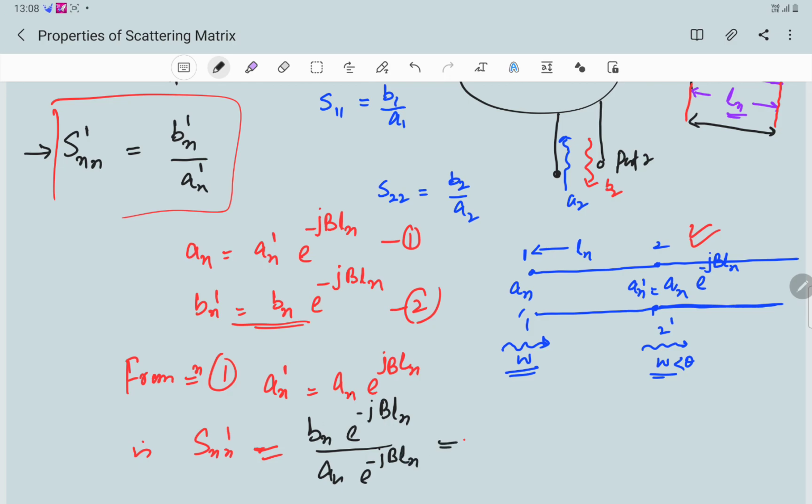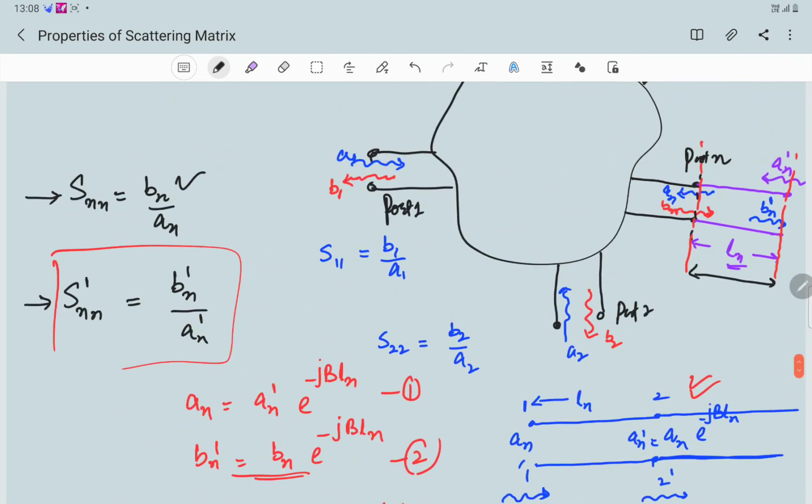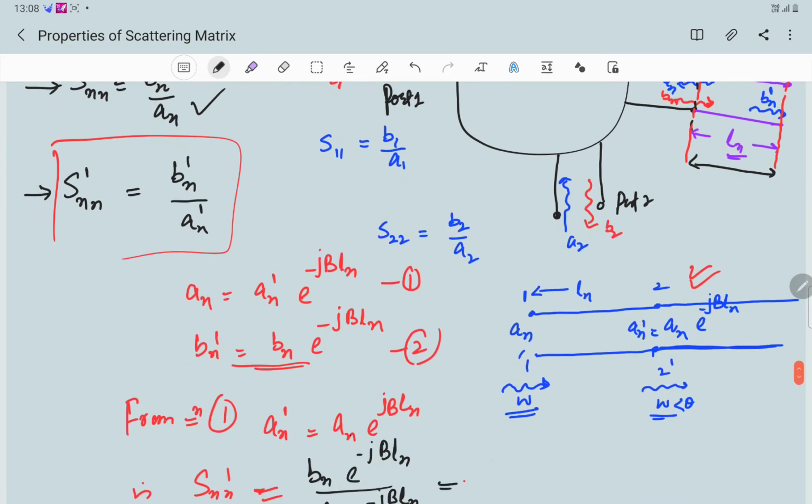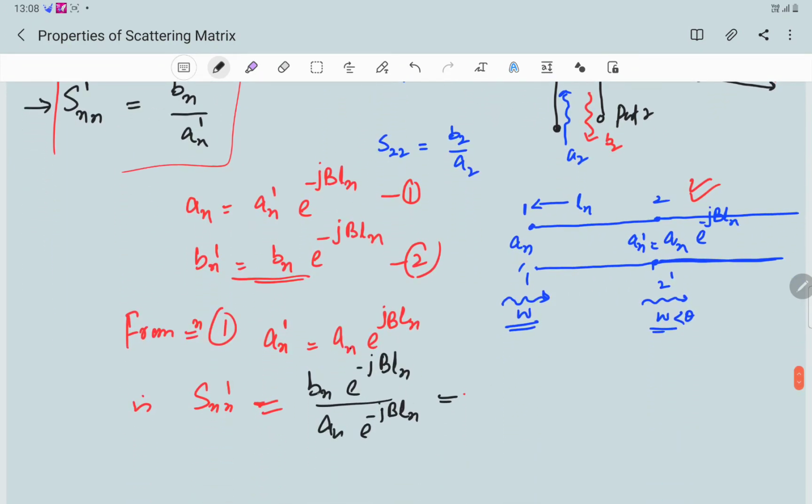Now Bn upon An, if we can see, is nothing but SNN. So Bn upon An is SNN, and An dash being An e to the power minus j beta ln means An is An dash e to the power plus j beta ln.